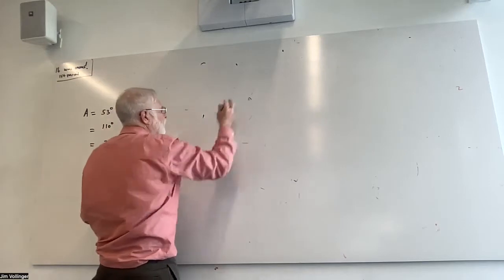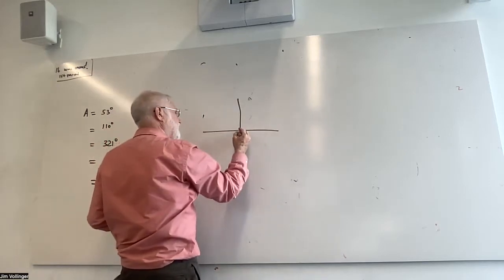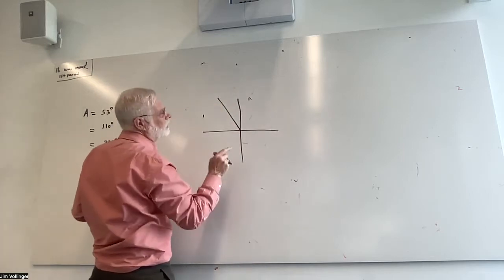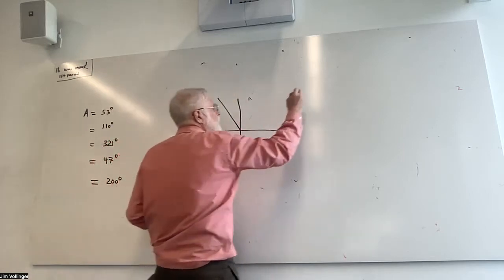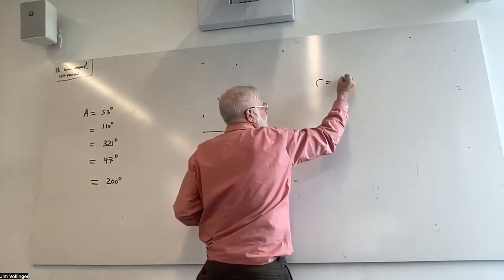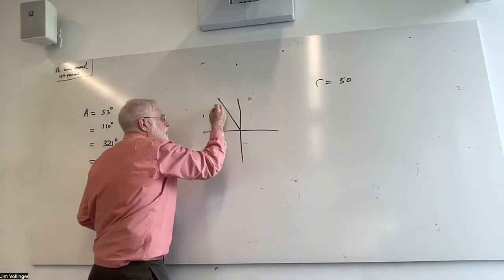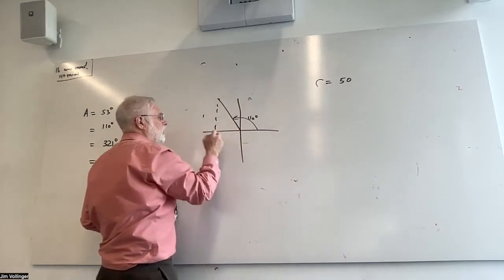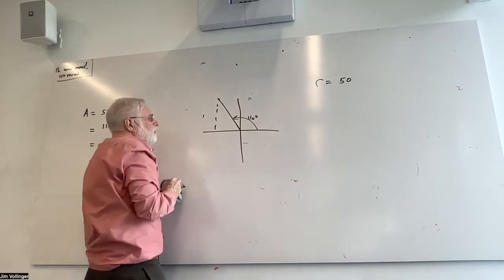So I've got a 110-degree angle. 110 is probably in that direction. I erased everything. Let's say a radius of, last time it was 10, let's make it 50 this time. So there's your 110. That gives us a reference angle, which we don't even care about right now.